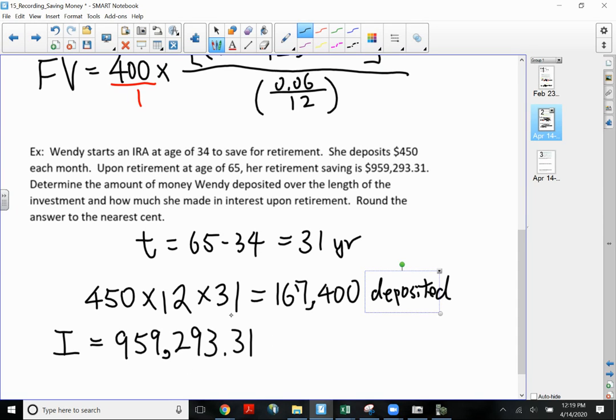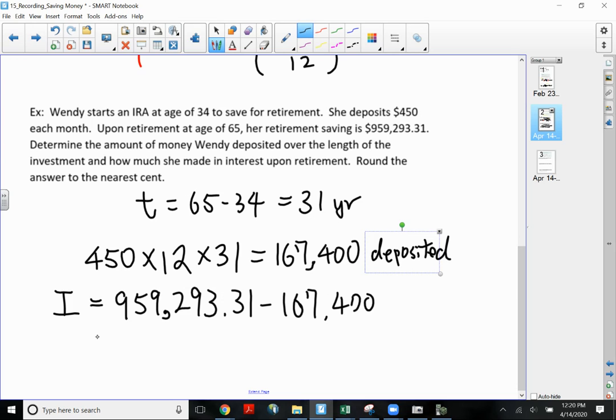So you take what she ended up with minus what she put in, and it will tell you this account has earned her $791,893 and 31 cents. Okay, that's how much interest she actually earned.